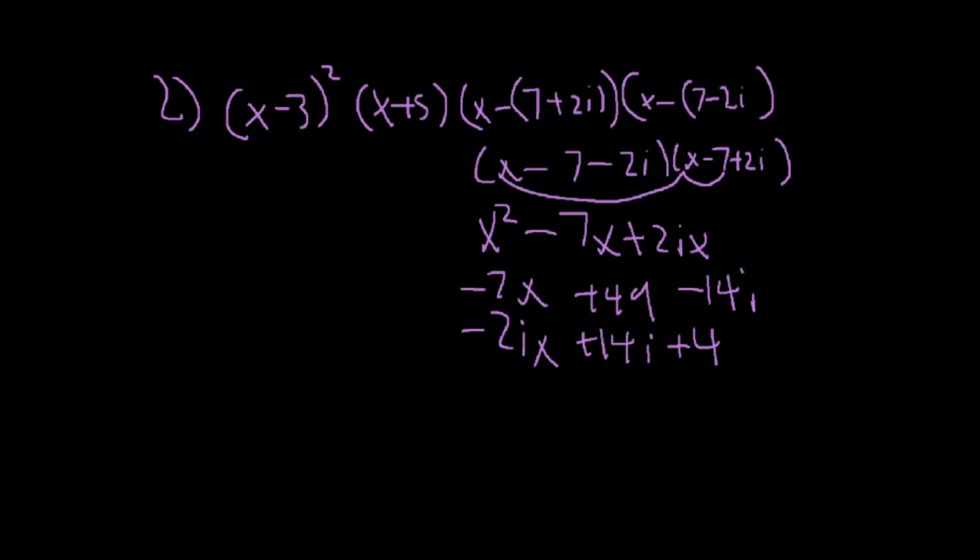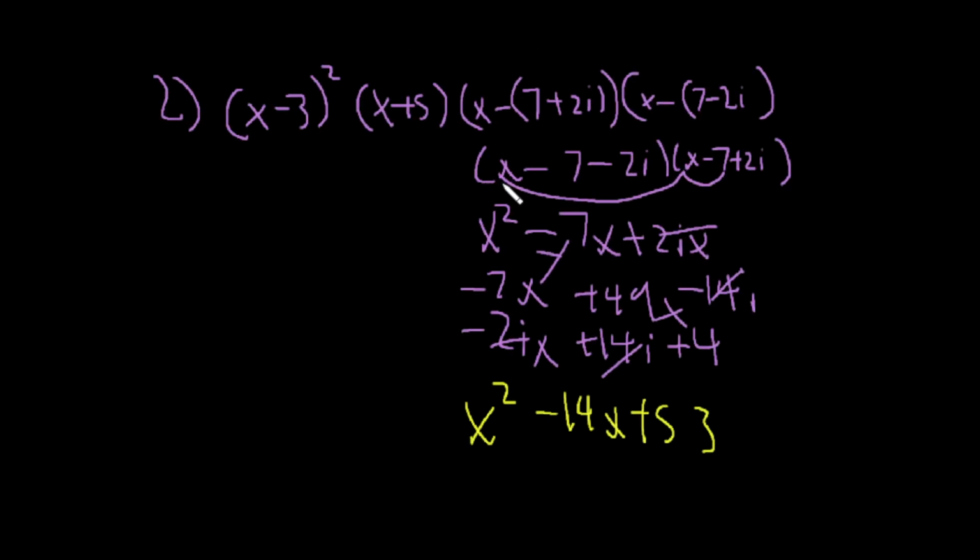Okay, so let's cancel out these, add these, cancel this one, so that leaves, okay, hold on. That leaves x squared minus 14x plus 53.